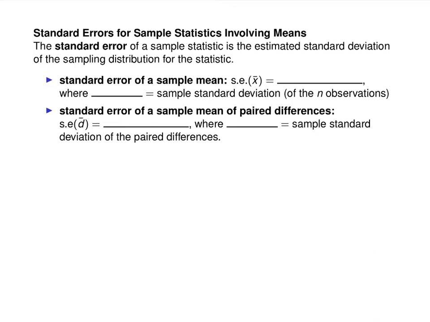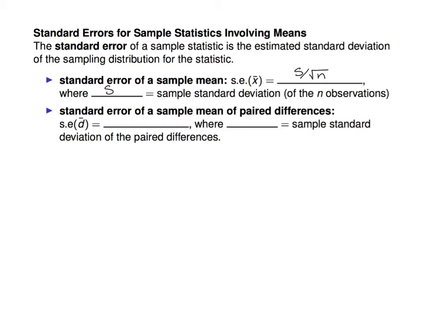Now the next thing we need to know how to do is find the standard errors for statistics involving means, just like we had standard errors for proportions. And after we do this, once we find out what the multipliers are, we can find confidence intervals. So the standard error of a single sample mean, SE of x bar, is given by S over square root n, where S is the sample standard deviation of the n observations.